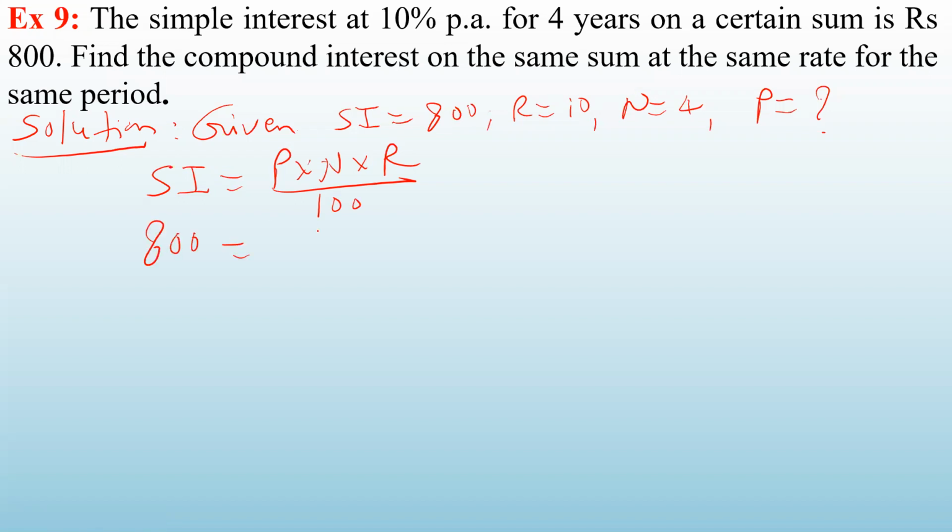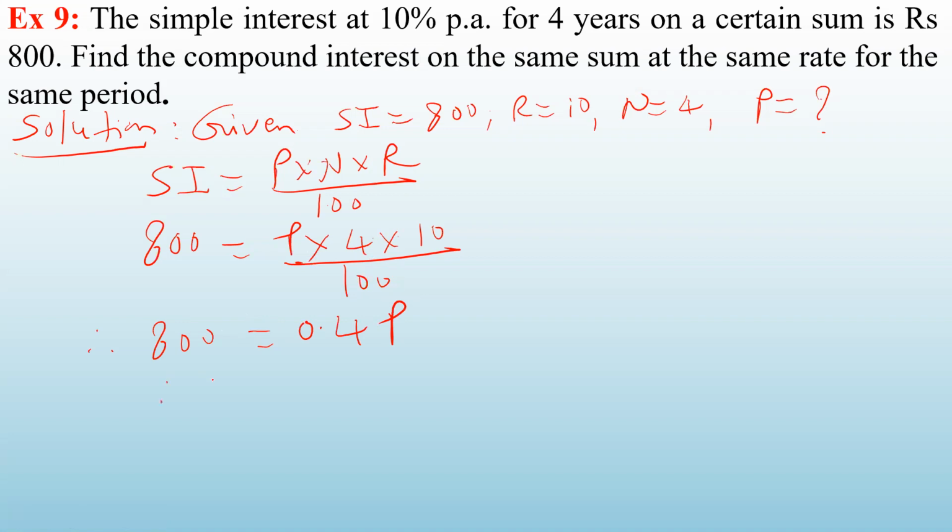P you are not given, so put as it is. N is 4, R is 10. Okay. So what you will get? Therefore, P into 4 into 10 divided by 100. So 40 upon 100, that is 0.4. So 0.4 P is 800.